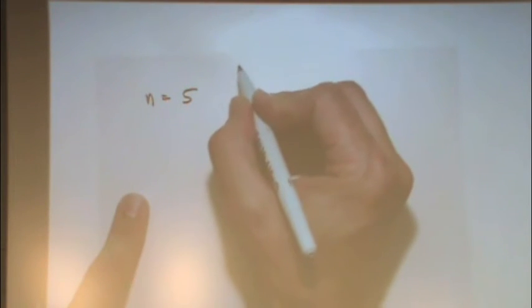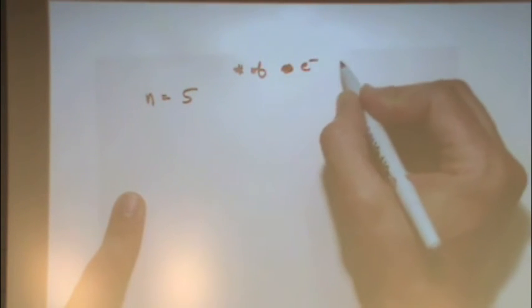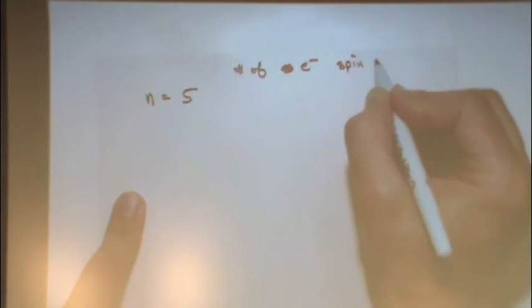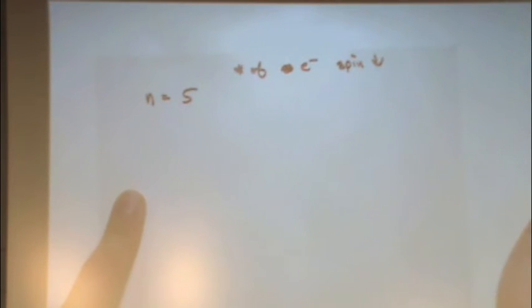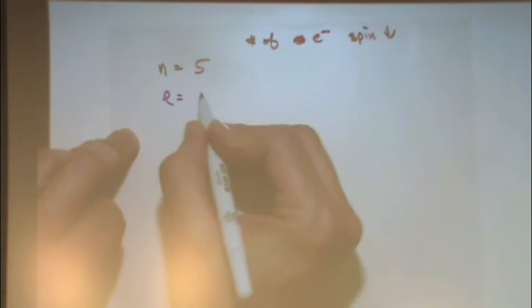So let's say n equals 5. I want the number of electrons that were spin down. How many electrons for n equals 5 are spin down? All of these are common quantum number questions. You say L. What's the smallest L could be?